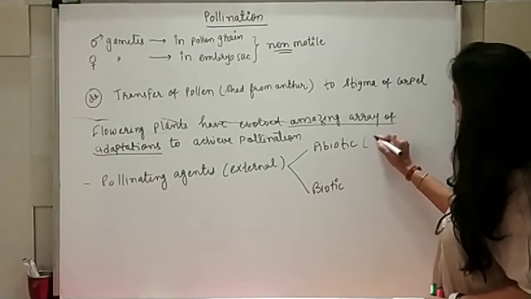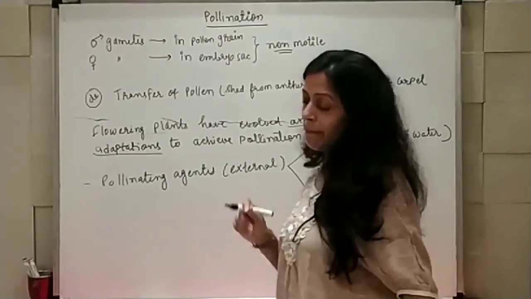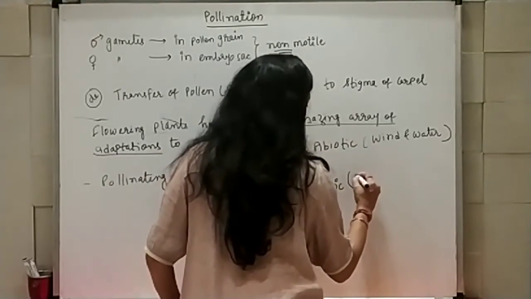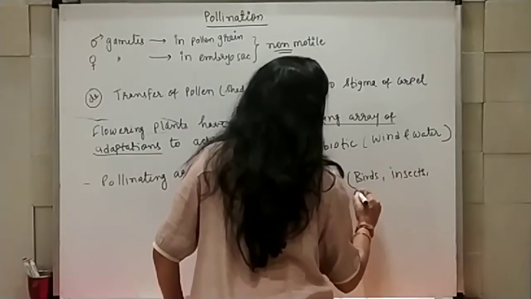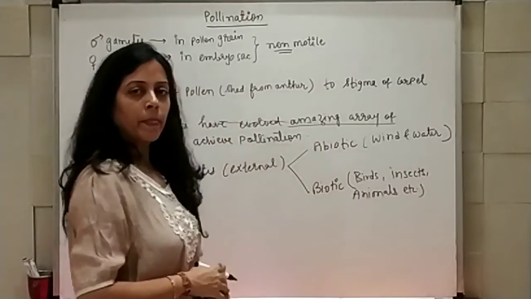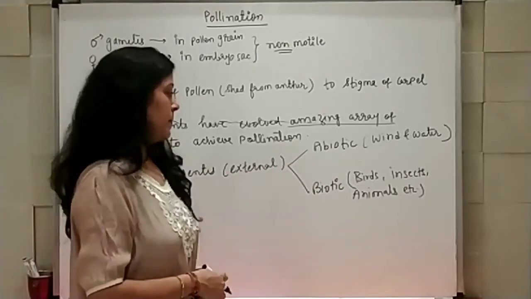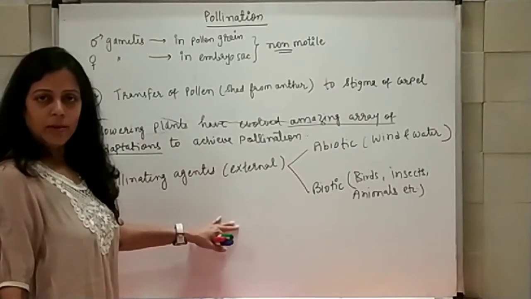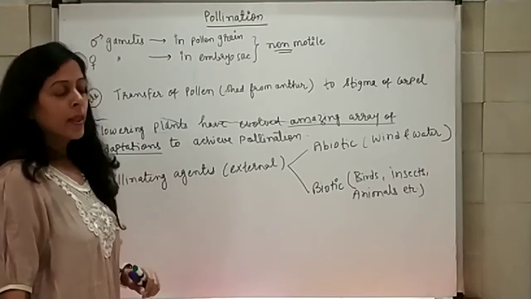The abiotic includes wind and water, while biotic agents include birds, insects, animals, etc. Right? But this we have to study in detail in later classes. So, now these pollinating agents will assure pollination process, and because of that, fertilization process can be achieved.